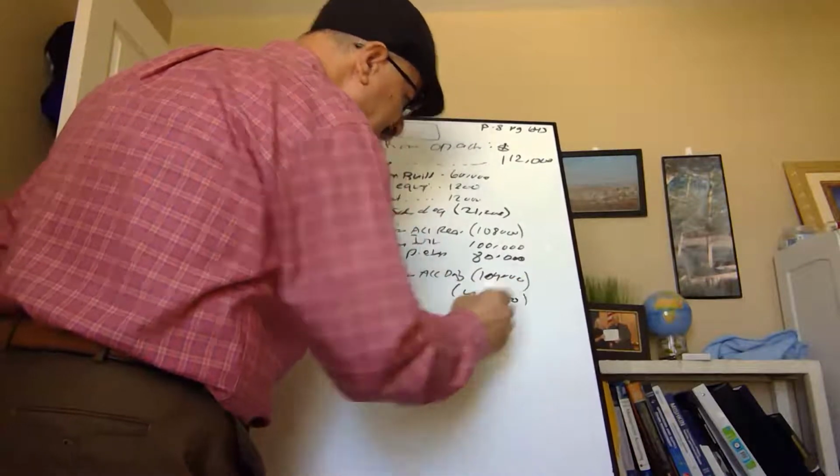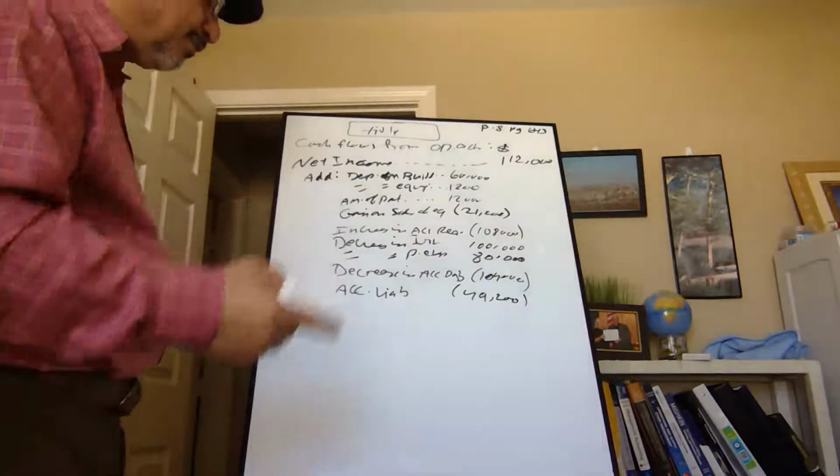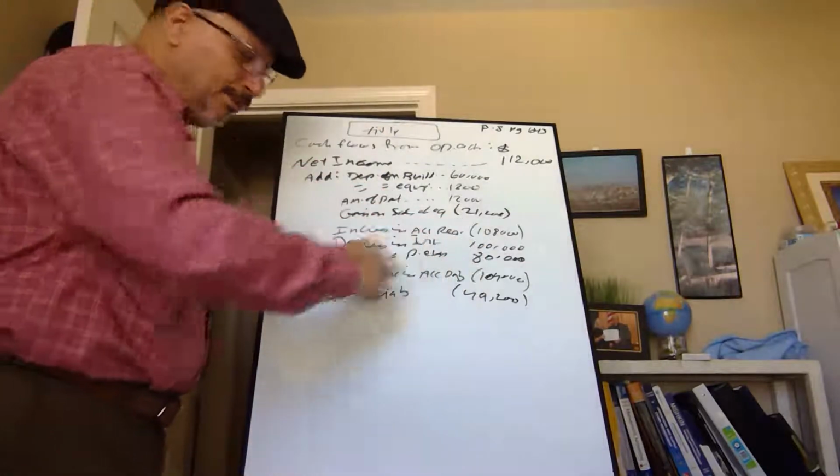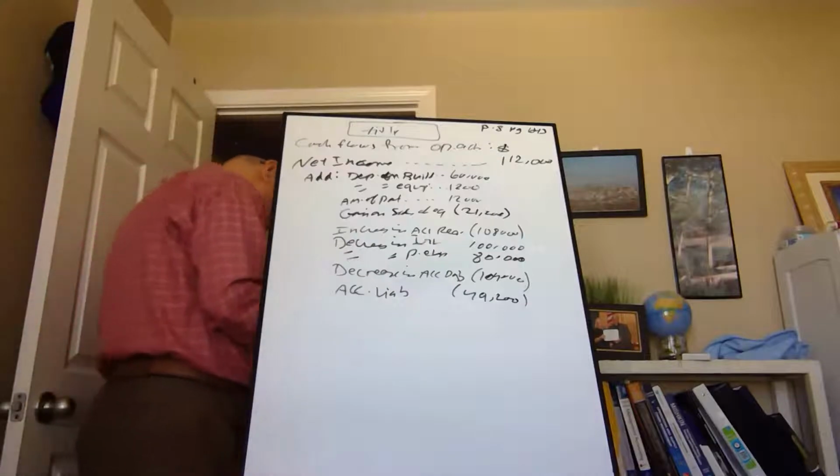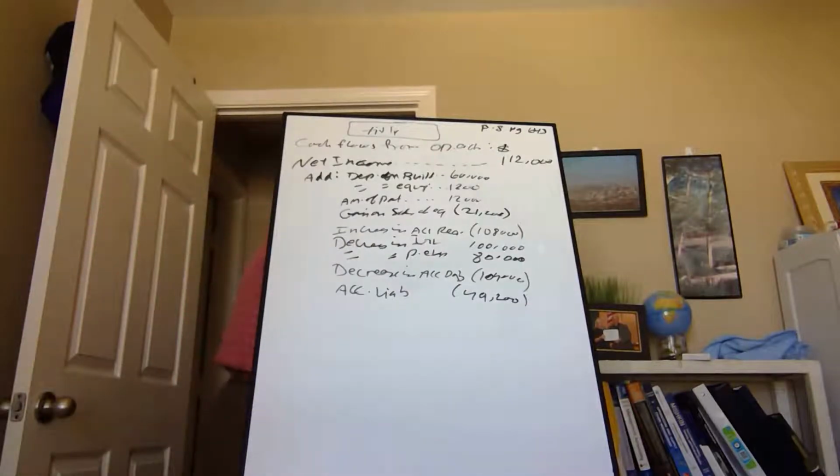Okay, that was a decrease in it, so that's why we put it between two brackets as a deduction. Let's say, do we have any more? No, that's all current assets and current liabilities.